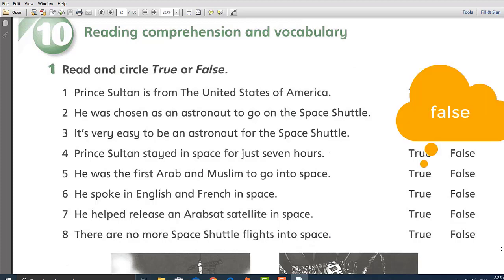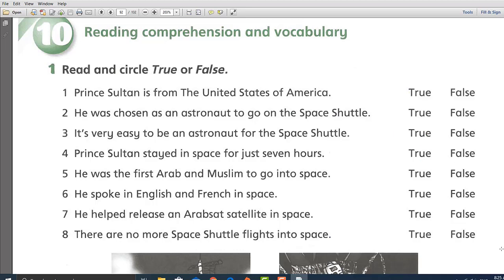False. Number 5. He was the first Arab and Muslim to go into space. Exactly, true.